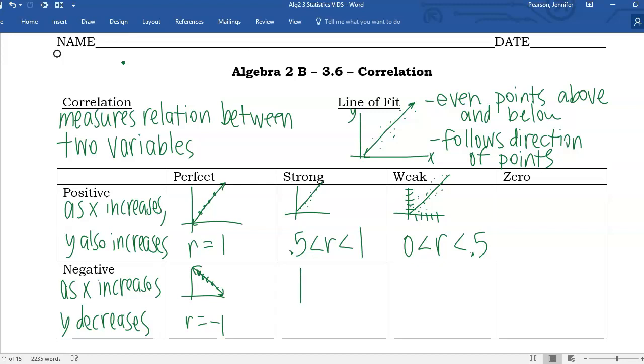A strong one then would be, again, we have our points and they're obviously going down, but not necessarily right on the line. Our line of fit should have, like we said, an even number of points above and below, and follow the direction, the trend of the points, right? This would be if our correlation was between -1 and -0.5.